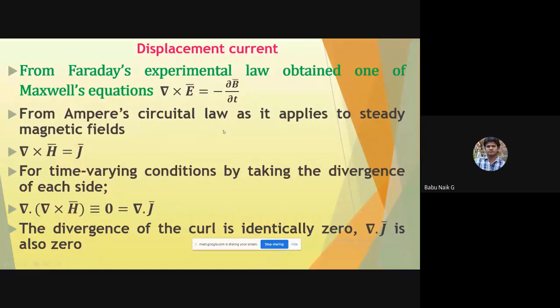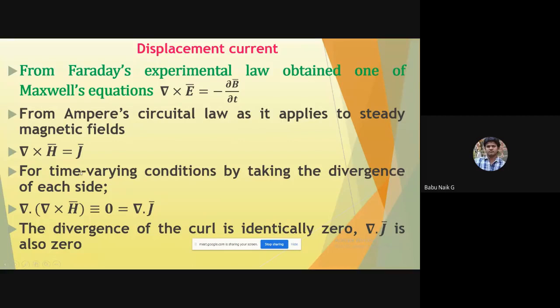Then from Ampere's circuital law, we have seen that for the magnetic field in steady state, del cross H bar is equal to J bar. Now, with time varying conditions, let us take the above equation and apply divergence on both sides.